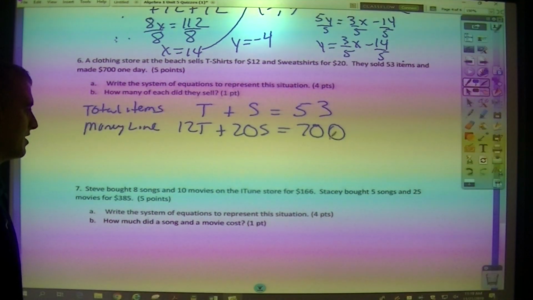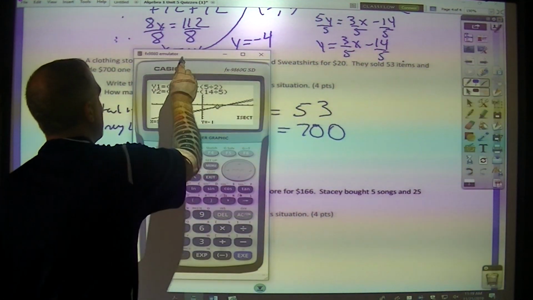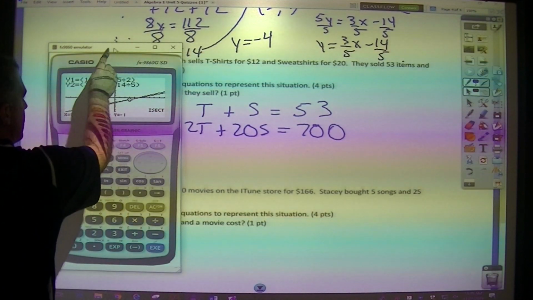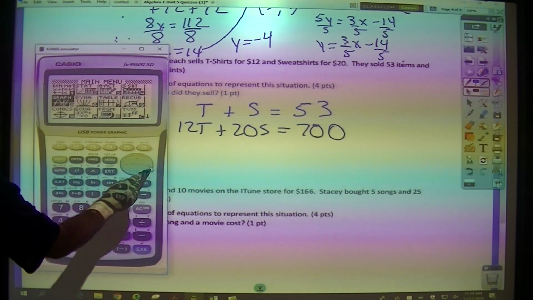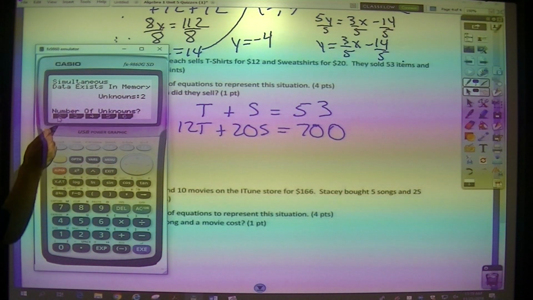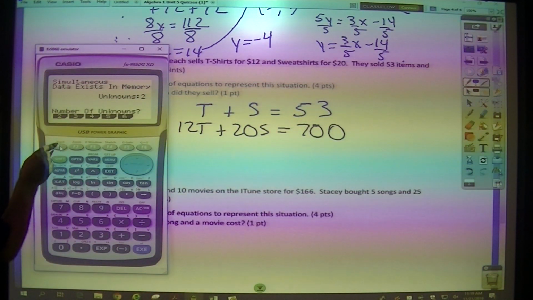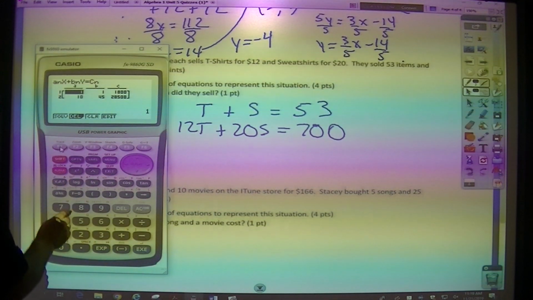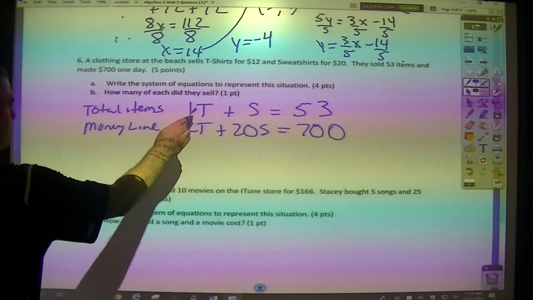Now these are the only ones that my class will allow you to use the calculator for. So what I would do is go to menu, go to equa, go to simultaneous, F1, go to number of unknowns, F1, and then I type in 1 for the number in front of this, 1 for the number in front of this.